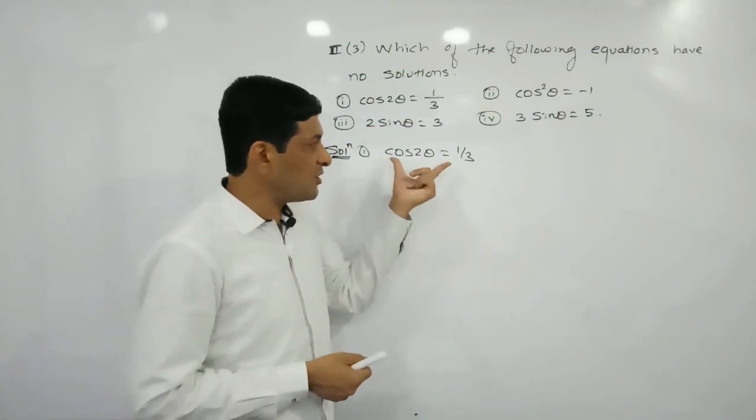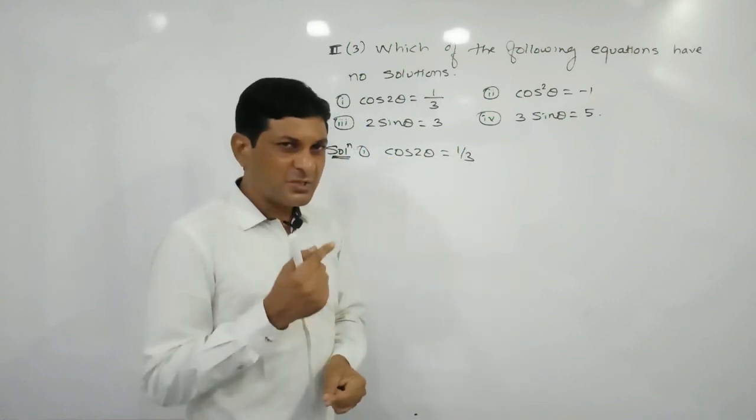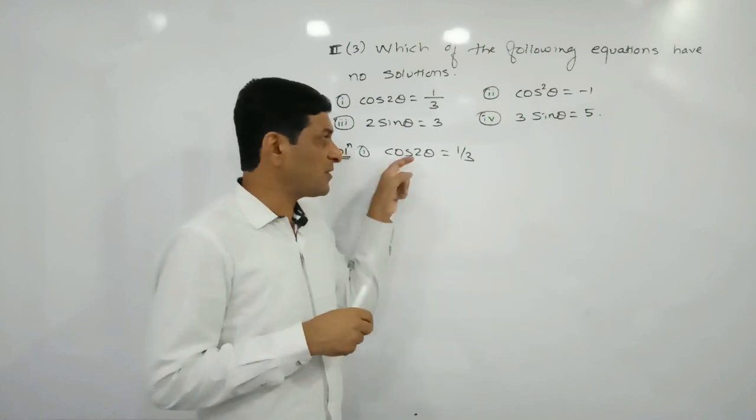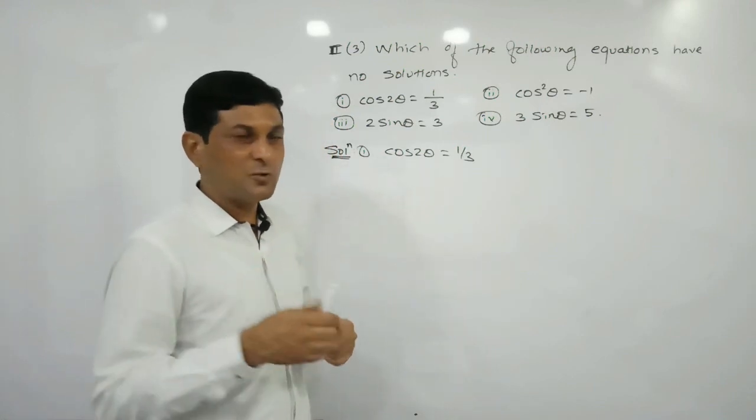Here the given trigonometric equation is cos 2 theta is equal to 1 by 3. Which trigonometric function appears here? Cos. And we know that the value of cos lies in between what? -1 to +1.